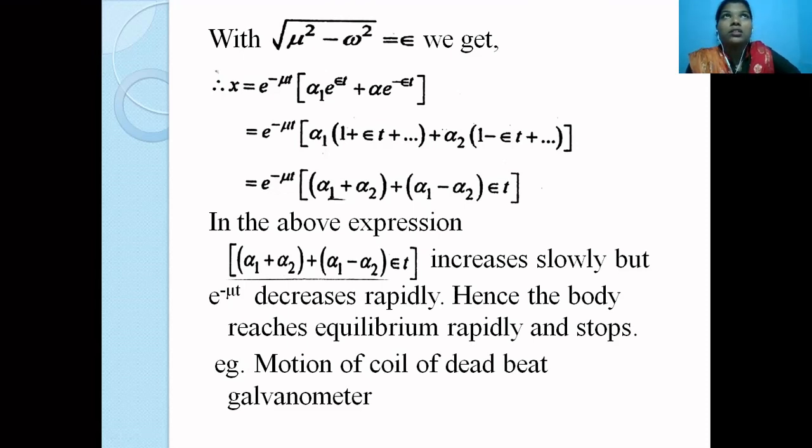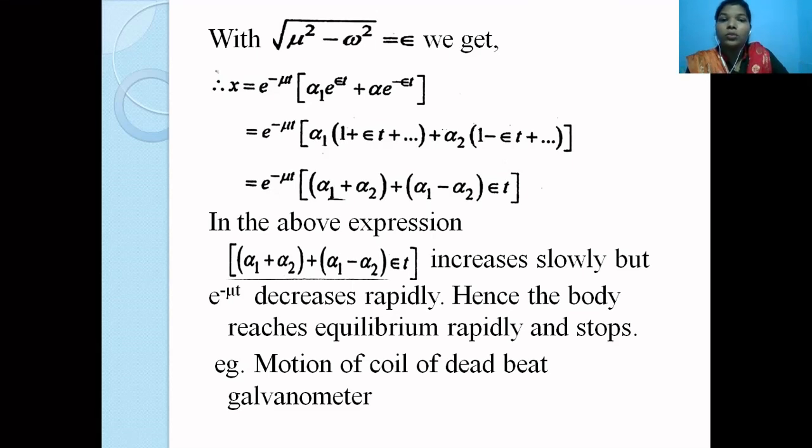So let's say we have some heavy object and we are trying to push it. If we push it, it will move and it will come back to the original position without performing any more oscillations. The example is the coil of a deadbeat galvanometer. If I have a metal bob, I oscillate it and then I place a magnet near it, its oscillations will directly come to zero.